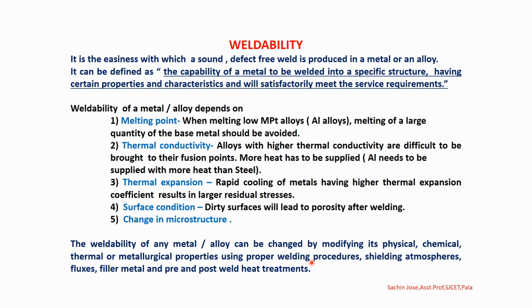There is a procedure for every metal, for every structure, for every design. Then shielding atmospheres, fluxes, filler metal, and heat treatments: metals with varying thermal conductivity or thermal expansion need to be treated before welding and after welding, which we will see in detail later.